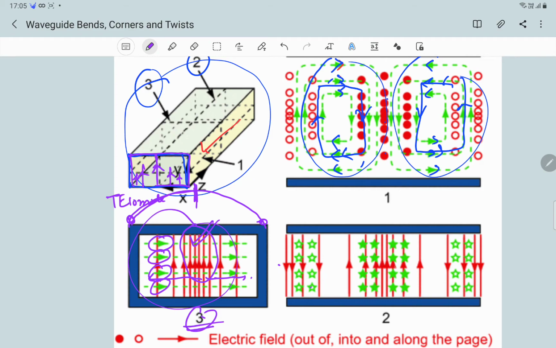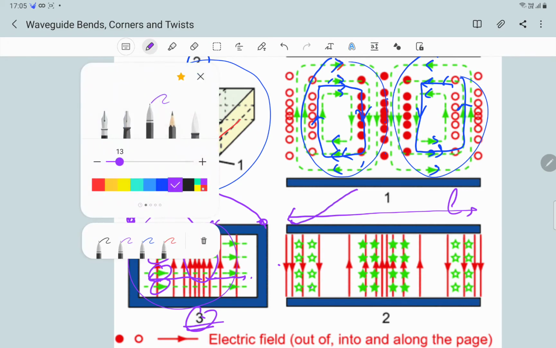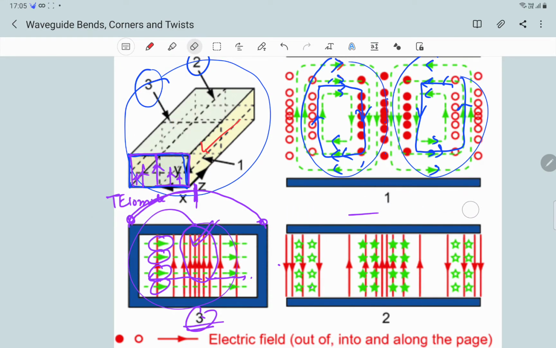Now if we have several wavelengths, as we go along the length of the waveguide we have, say, a peak. Let me use a red marker, and before that let me erase this. If I have a green line here as a reference line, the electric field along the length would be something like this.